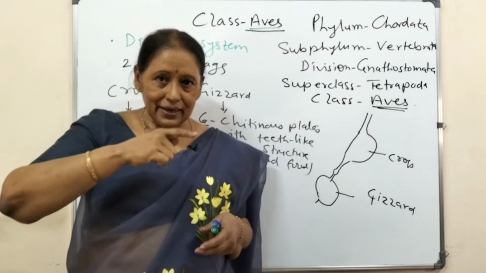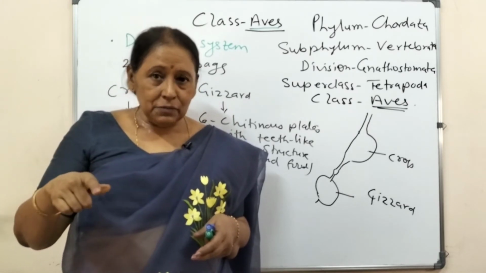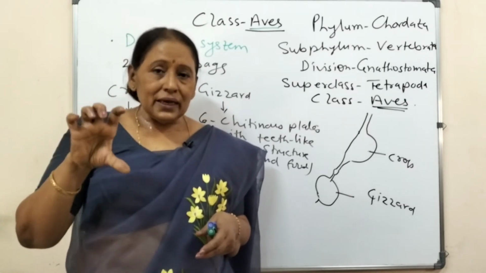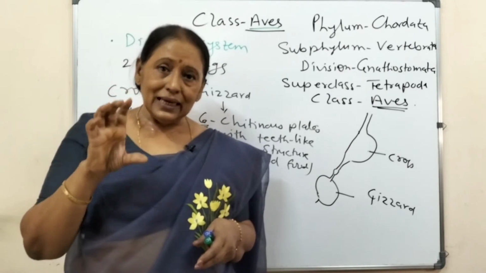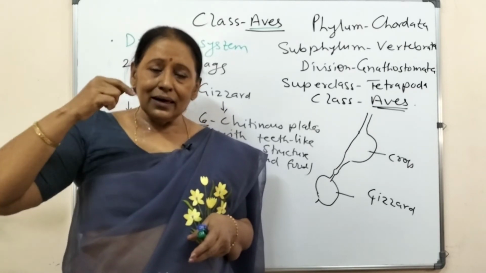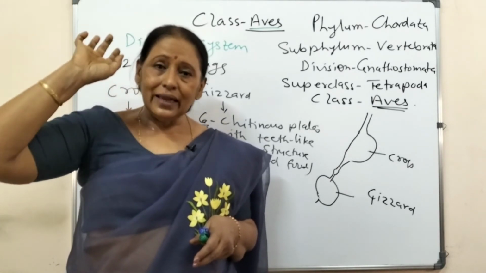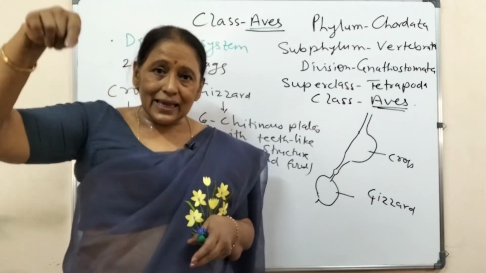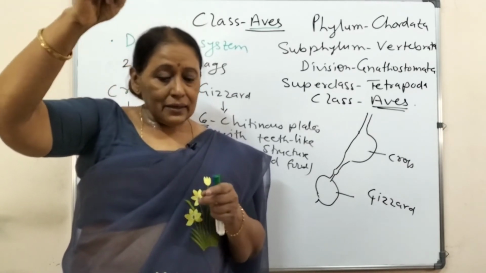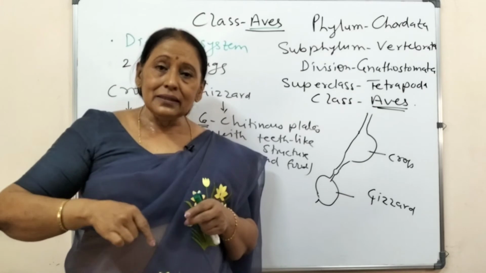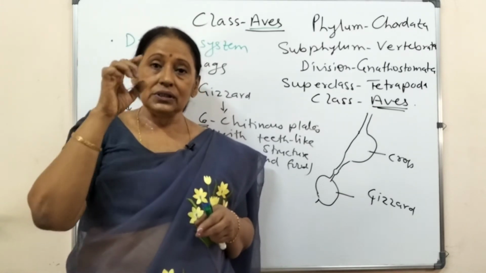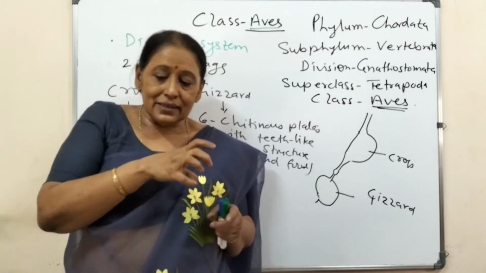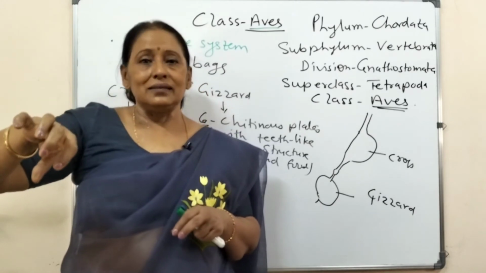Air came in, the air sacs filled up, the lungs also filled up. Now the exchange of gases takes place in the lungs, and then the lungs exhale the air. When it is exhaling, the oxygenated air present in the air sacs moves into the lungs.